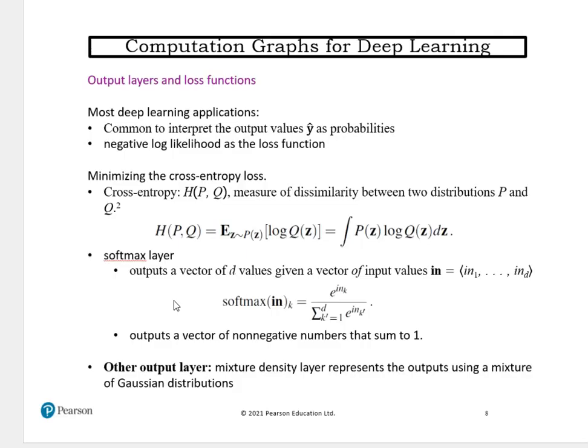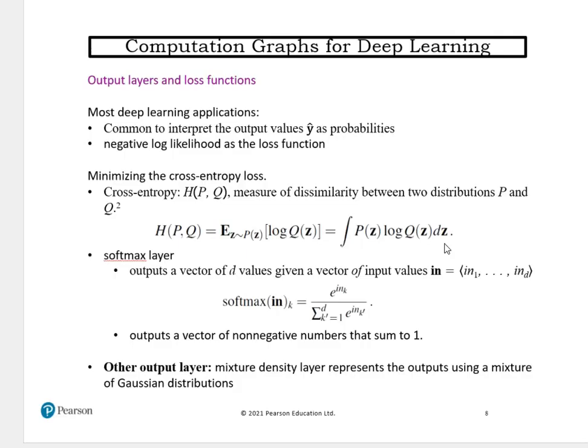Cross entropy, which is written as H(p, q), this function you see here, is a measure of dissimilarity between two distributions p and q. In machine learning, we use this definition, which is the integral of p(z) times log q(z) dz.